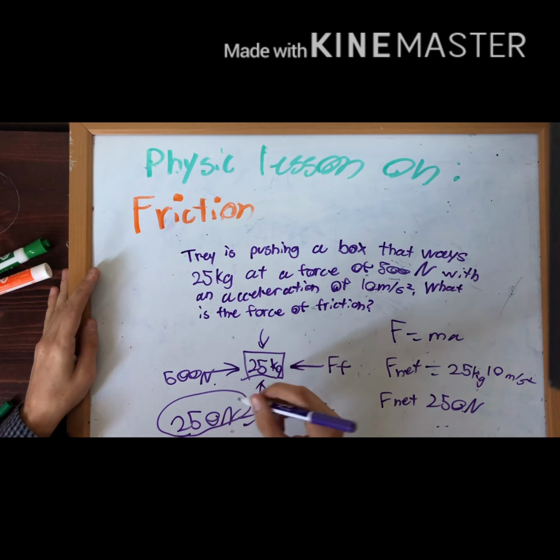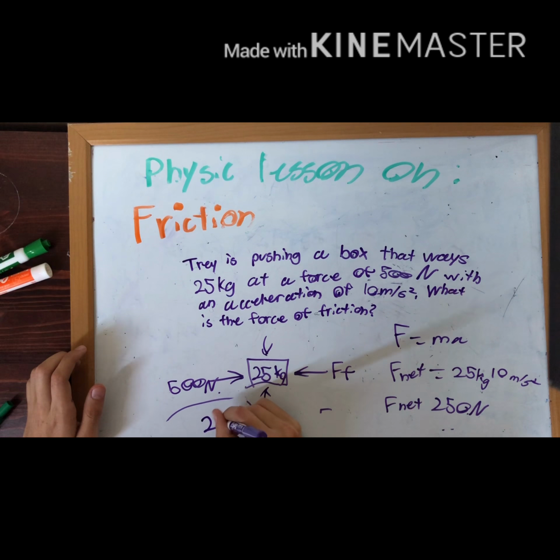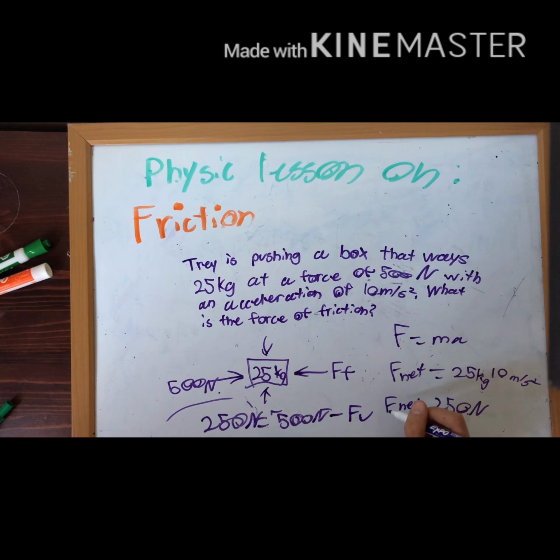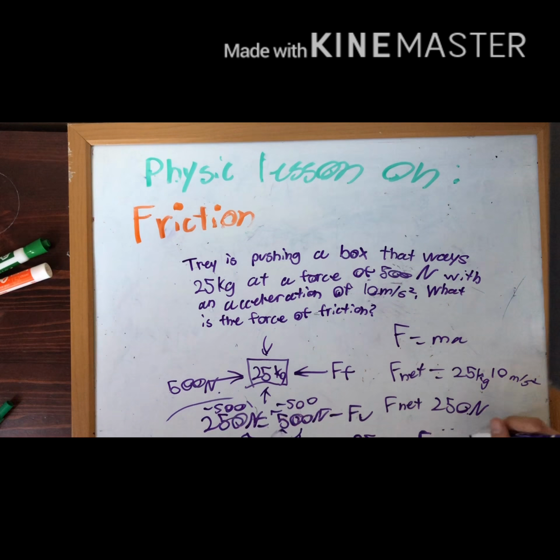To find the force of friction, all we have to do is use some simple algebra. So 250 equals 500 newtons minus Fu. We move this to this side by subtracting 500 from both sides, and we get negative 250 equals negative Fu, and since they're both negative, Fu equals 250.